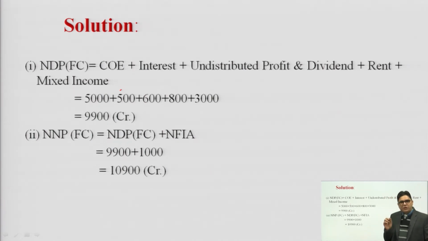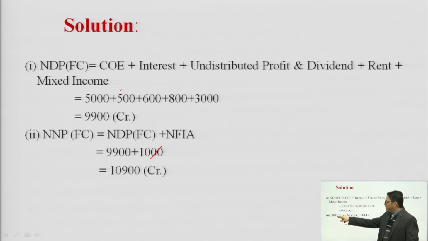We need to remember that by the income method we reach the figure of NDP at FC, and questions might demand it in a number of ways. We may have to reach NNP at market prices, or NNP at factor cost. Whatever the question demands, we need to convert it accordingly.